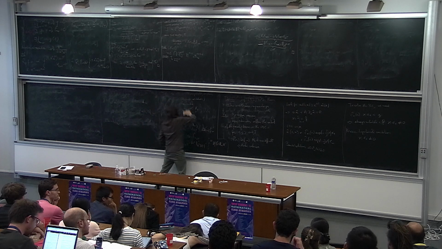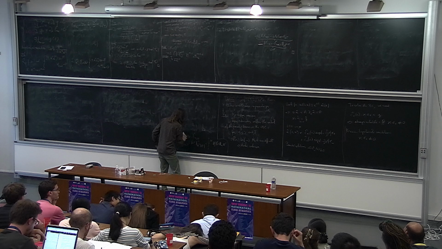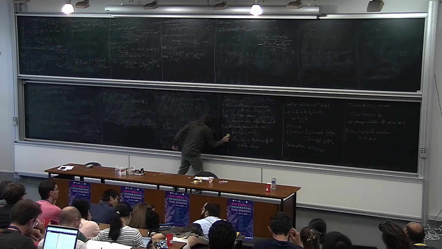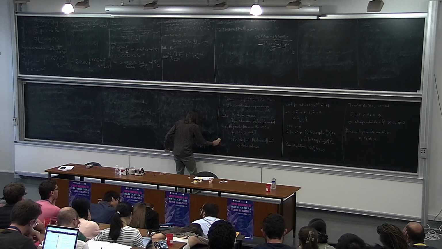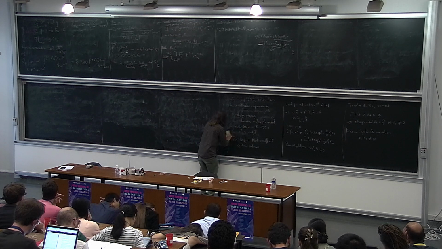And you will see that in that case, we will also need a control of the trace, and it's another way to see that it's indispensable to have control of the trace.